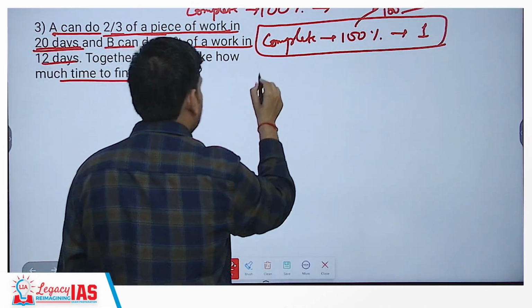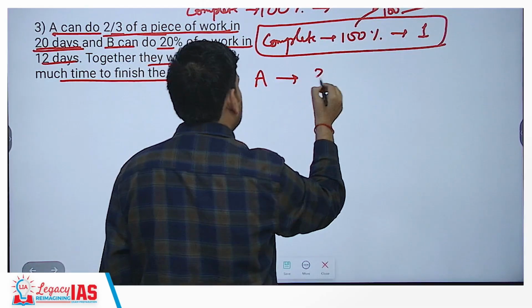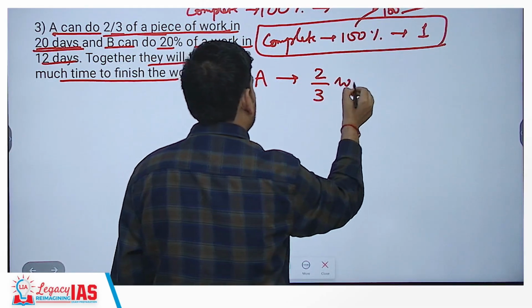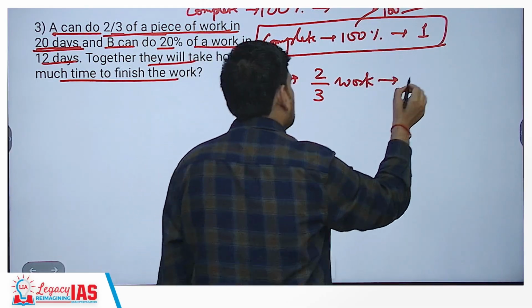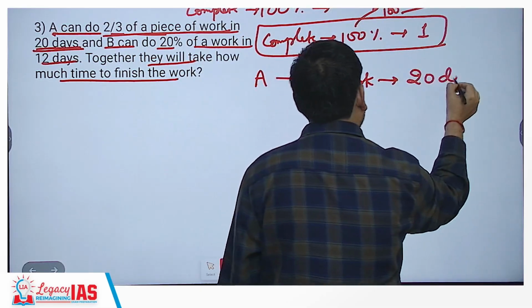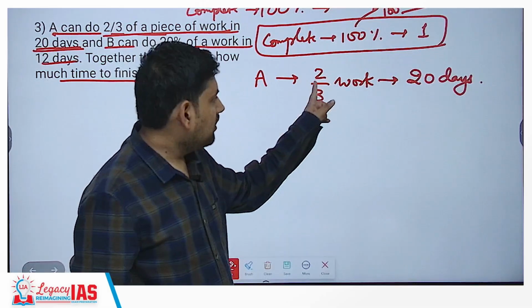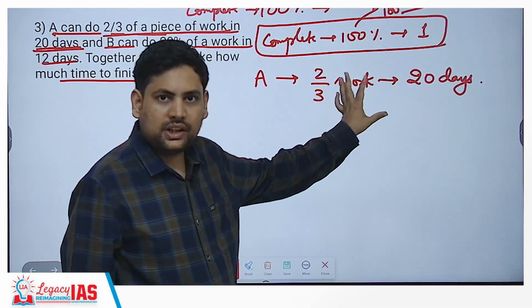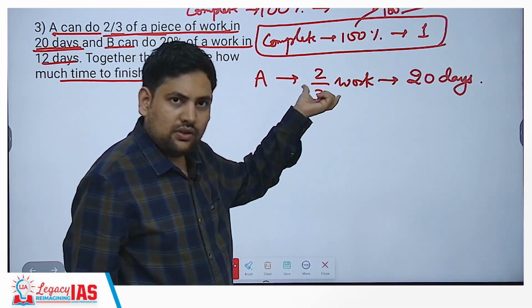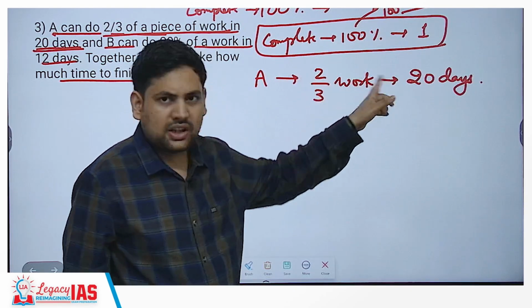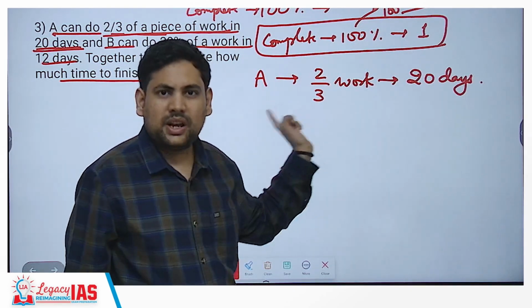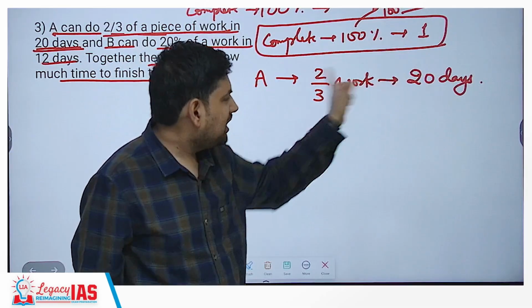So A does 2/3 of work in 20 days. Now, what do you want? You want here 1 because 1 represents complete work. How can you get 1? You multiply both sides by 3/2, that is, you multiply by 3 here and divide by 2 here.